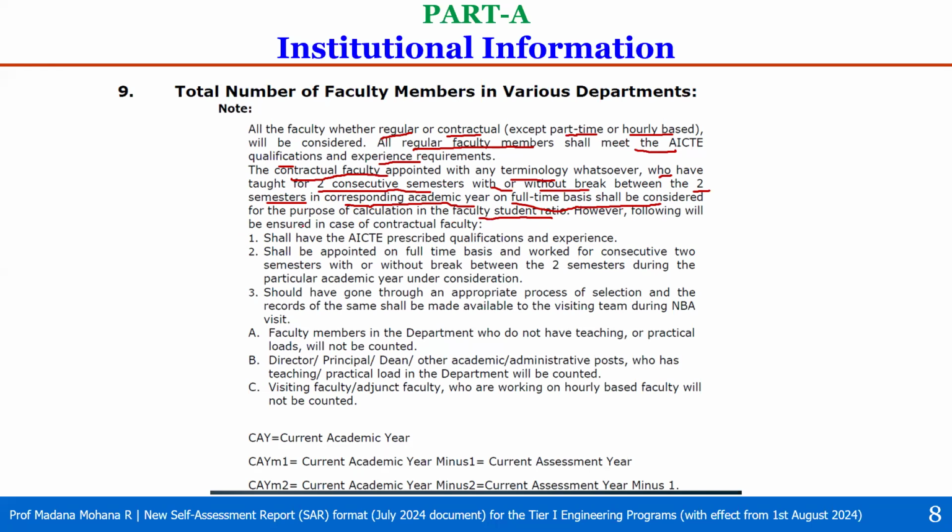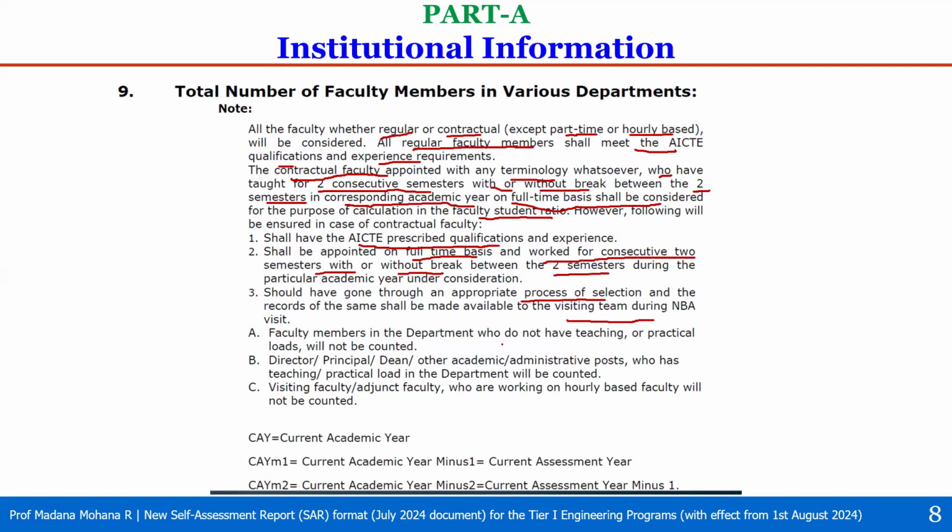However, the following will be ensured in case of contractual faculty. They shall have the AICTE prescribed qualifications and experience, shall be appointed on a full-time basis and worked for consecutive 2 semesters with or without break between 2 semesters during the particular academic year under consideration, and also should have gone through an appropriate process of selection, and the records of the same shall be made available to the visiting team during the NBA visit.